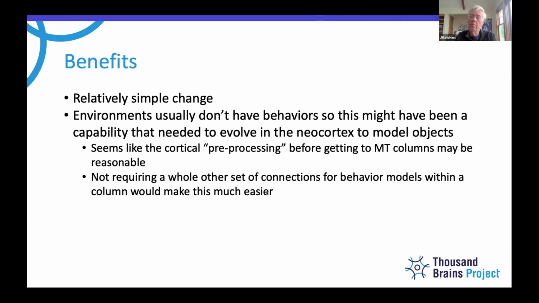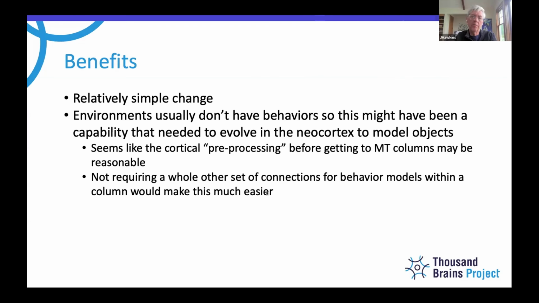Because what comes to mind is, well, everything has a body, so surely everything needs to model the behaviors of its own body. But I think the point is a lot of animals don't, and that's why they have more simplistic behavioral models, or maybe they're all model free. That's interesting. Yeah, I can look up again which animals it applies to. It's basically some animals that have cortex but don't have motor cortex, but it does generally come with more limited dexterity, I think.